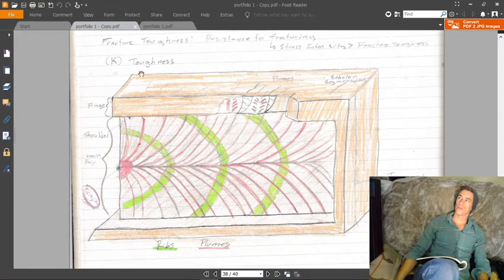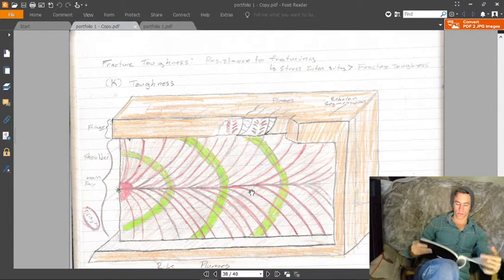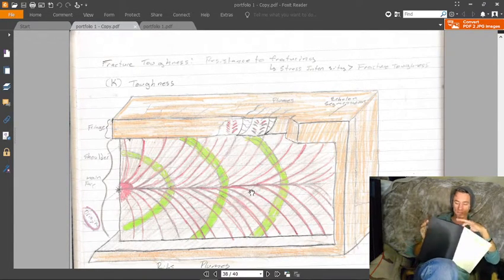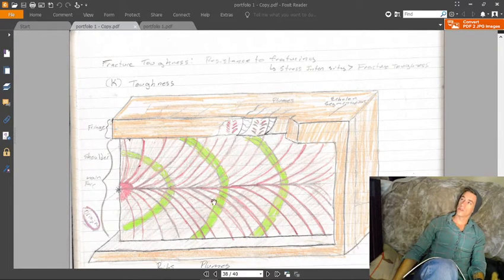This image is really useful, actually. I use this quite a bit to think about joints and fractures and things like that. This is basically a good cartoon representation of a fracture zone, which has these right here, which are the ribs, and these right here, which are the plumes.